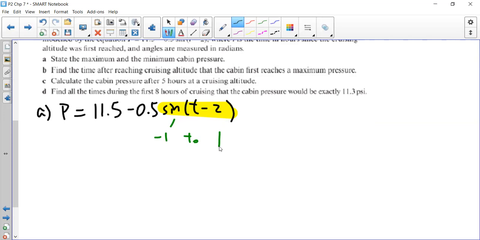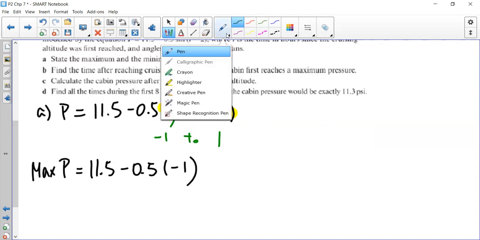So if you can do it in your head, you should know putting in -1 will give you a bigger value, because negative 0.5 times negative 1 will give you a positive. So therefore, we'll sub in. Maximum P, maximum pressure, equals 11.5 minus 0.5 times negative 1.